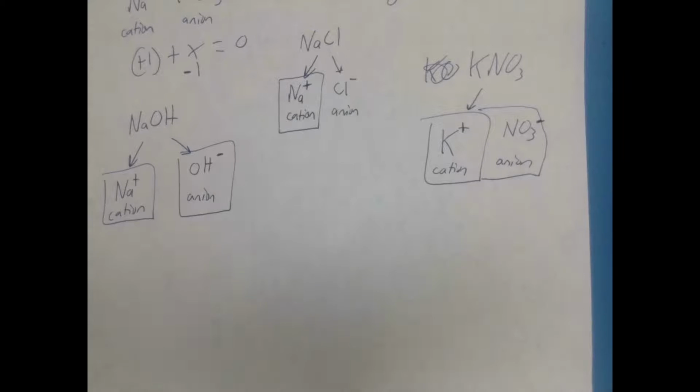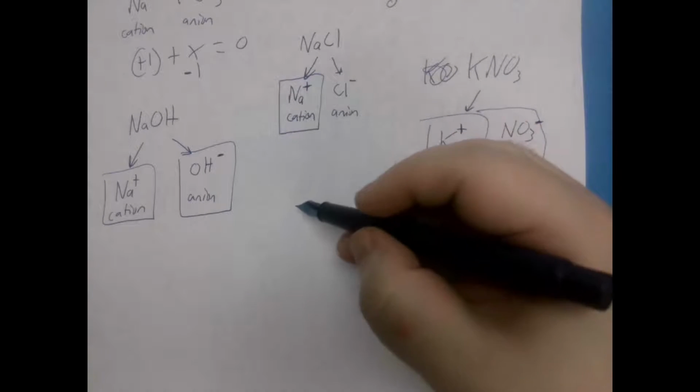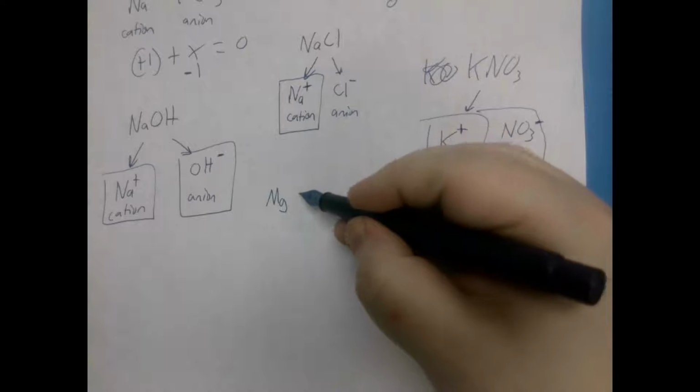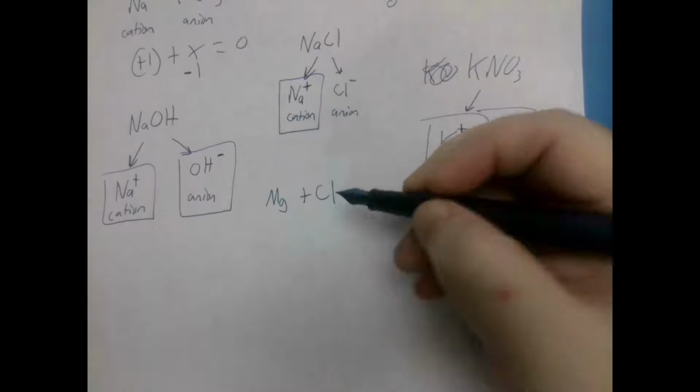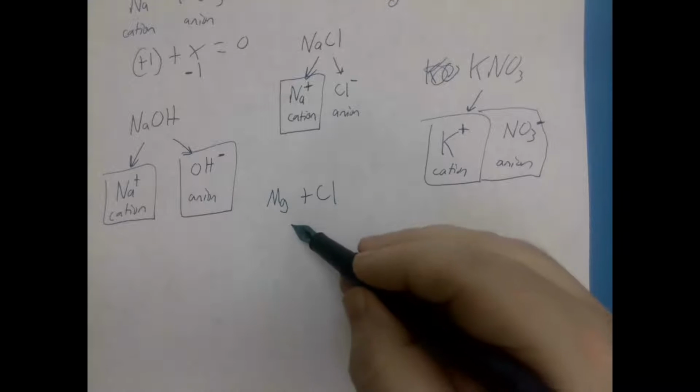Let's see if we can work through this. If I took magnesium and mixed it with chlorine, what do I get? How do these combine together?